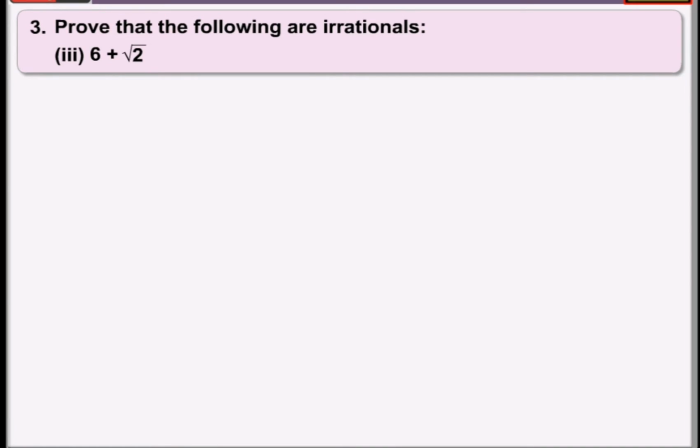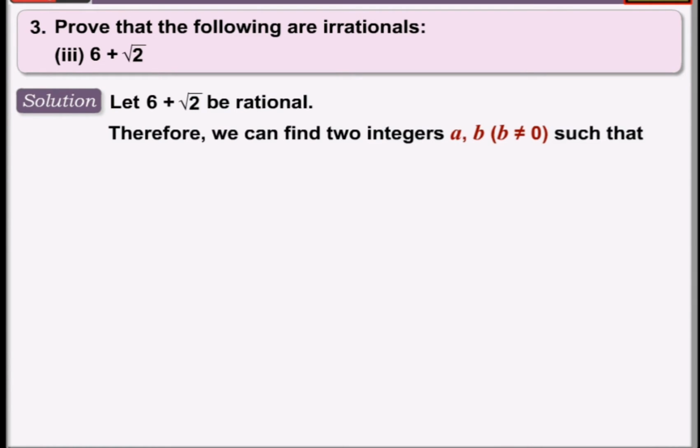Number 3. 6 plus root 2. Answer. Let 6 plus root 2 be rational. Therefore, we can find two integers a and b, where b is not equal to 0, such that 6 plus root 2 is equal to a upon b. Root 2 is equal to a upon b minus 6.